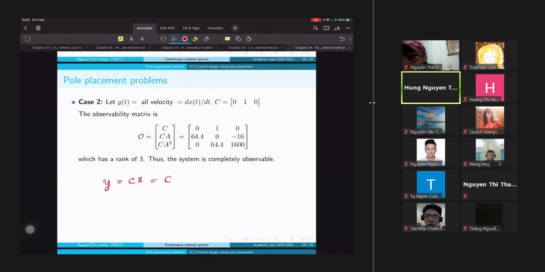We measure x dot, meaning C is 0, 1, 0, multiplying x, x dot, and i. That's the reason why C has this form, and with C you have to specify C, CA, and CA squared, and we get the matrix, and the rank is still 3. So the system is completely observable.